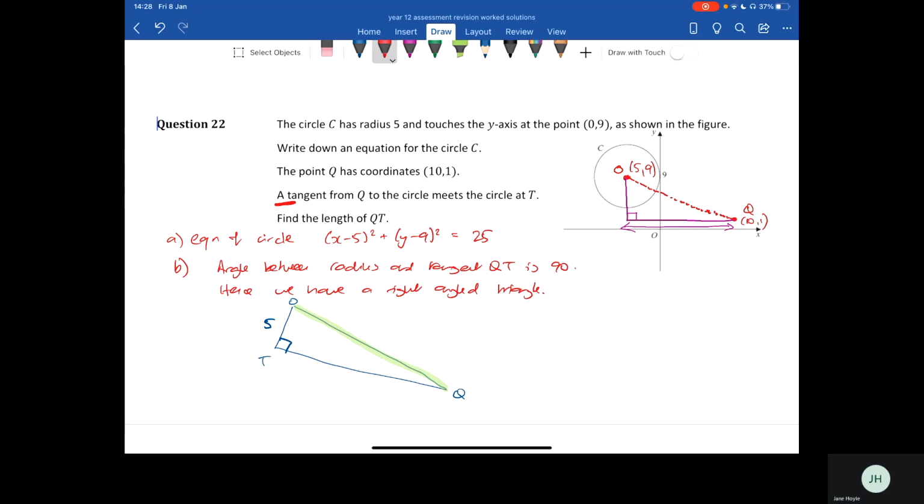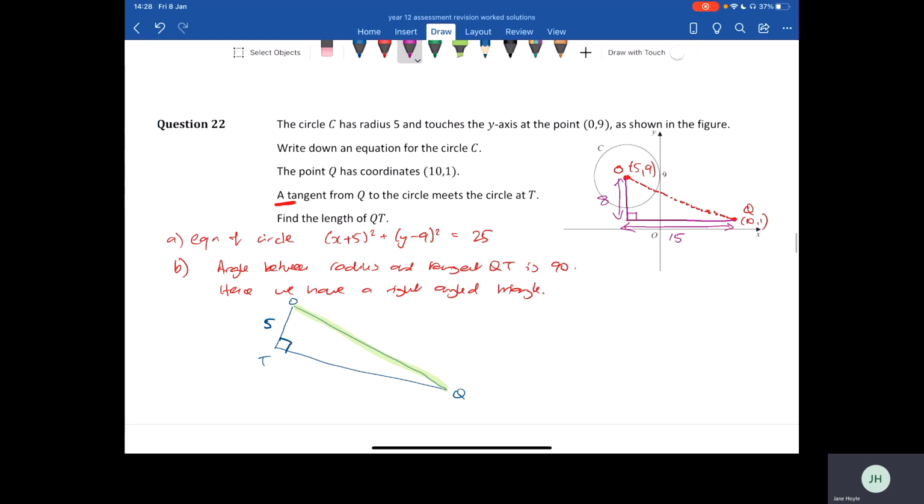Oh, so that centre of the circle, apologies, should be plus 5. So I've got negative 5, 9 there. So I'm going from negative 5 to plus 10. So that makes that length 15. And then in the y direction, I'm going from 1 to 9. So that's going to make that 8.